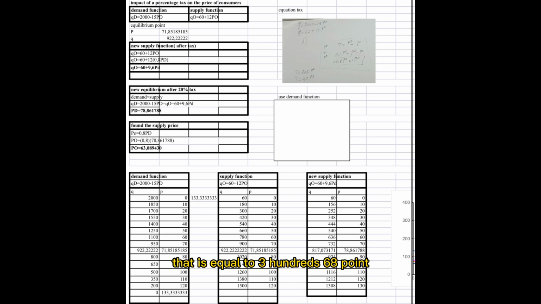We have to find the lost consumer surplus, that is the area between points B, D, and C, that is equal to 368.544097.